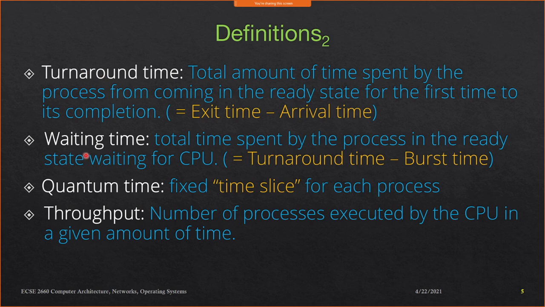We want our waiting time to be as low as possible. But we cannot say anything about the time quantum just yet. There are some trade-offs associated with choosing a fixed time quantum that is large or small, and we'll talk about that. But for turnaround time and waiting time, we want these to be very small, and we want our throughput to be as high as possible.